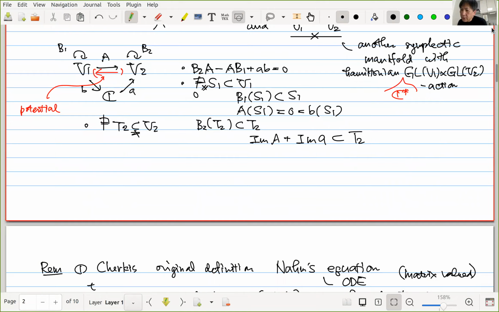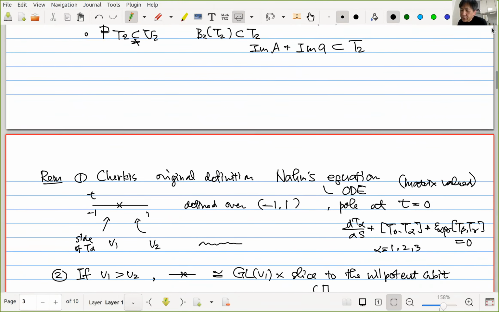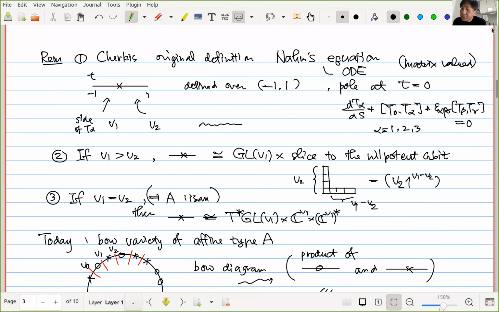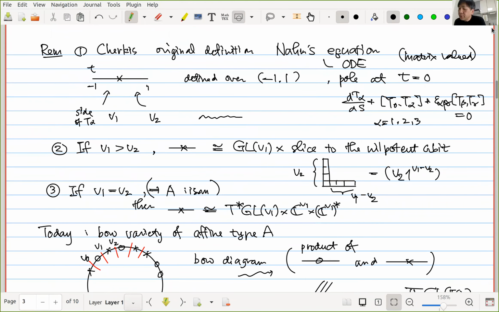This is one approach, but another approach is, as I explained, depending on the inequality between dimensions, it is either a product of a general linear group and a slice, or a cotangent bundle. This clearly has quantization, and the slice has quantization by the finite W-algebra.